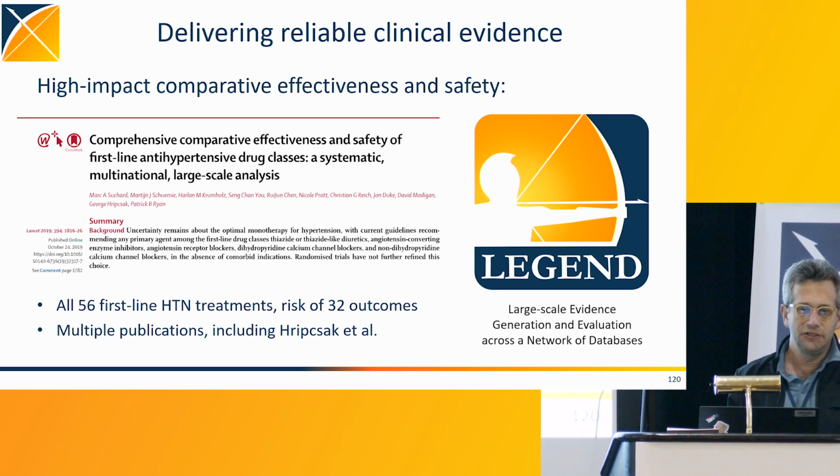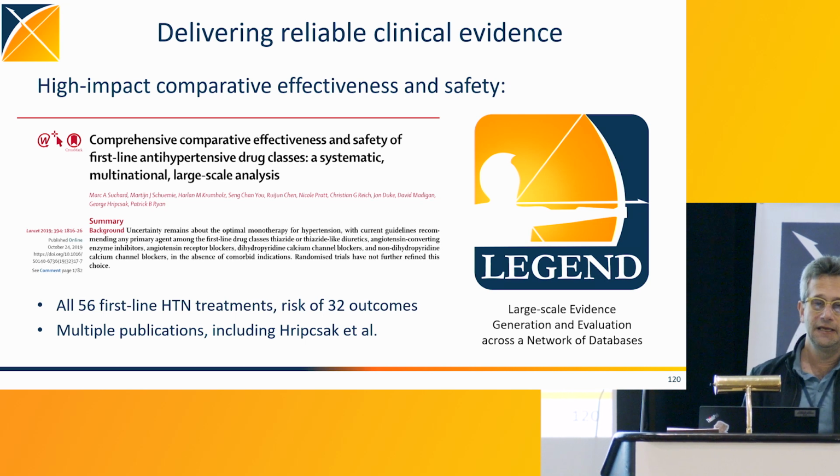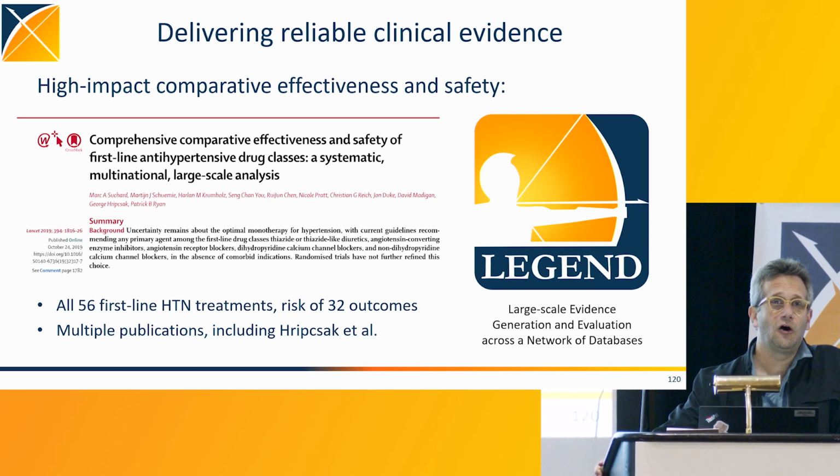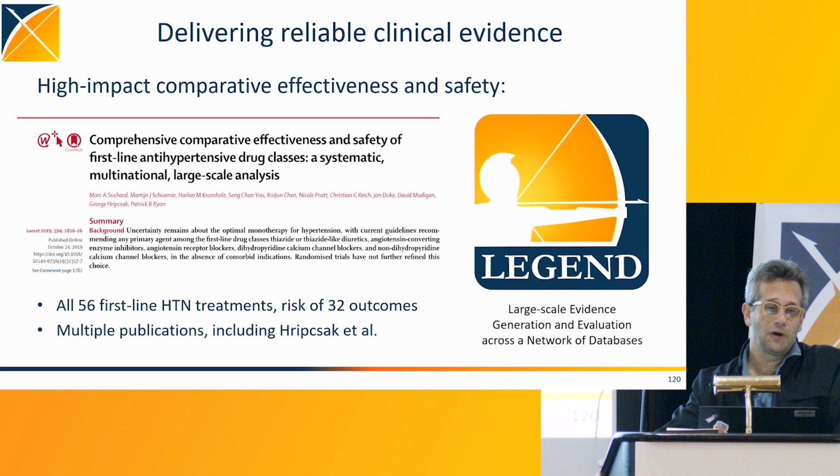We published just a couple of years ago the first global study that systematically looked at all 56 licensed agents for individuals who have been newly diagnosed with hypertension in a comparative effectiveness across all of these different agents and simultaneously an evaluation of their relative safety measures. Looking at those safety measures gave us a total of about 32 different outcomes.